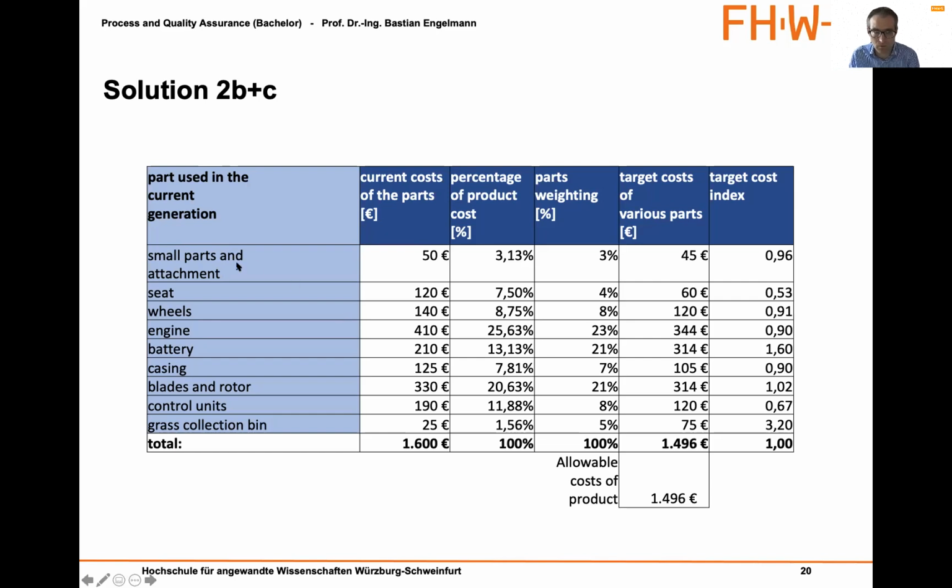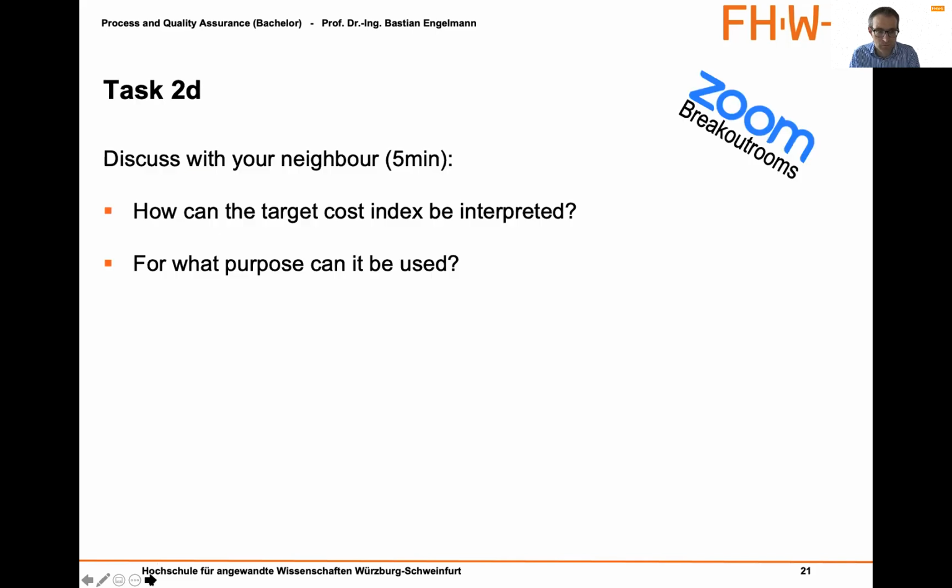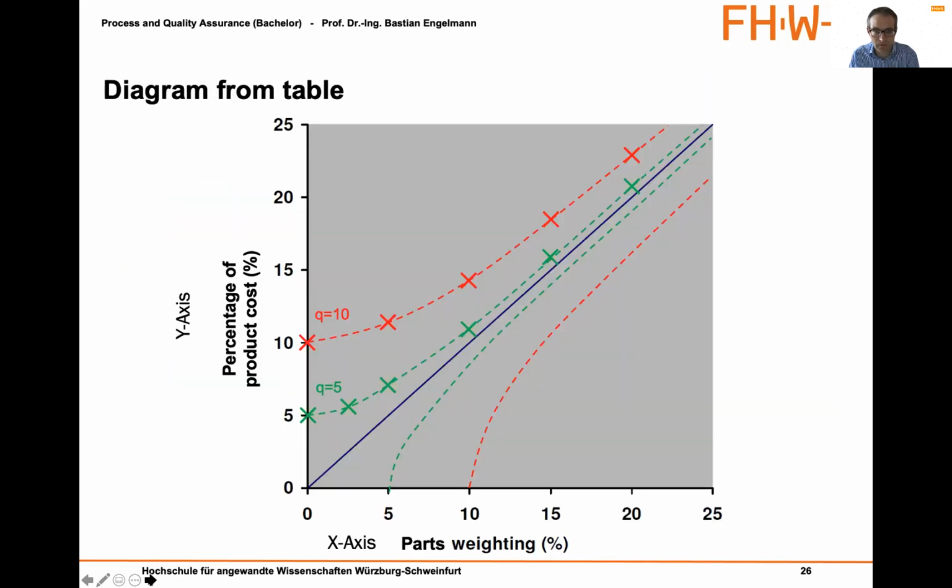Okay, so small parts. So we can go now to the diagram, and the parts weighting for our small parts is 3%. So it's about here. And then the percentage of product cost was 3.13. So it's maybe here. So the cross for our small parts would be here.